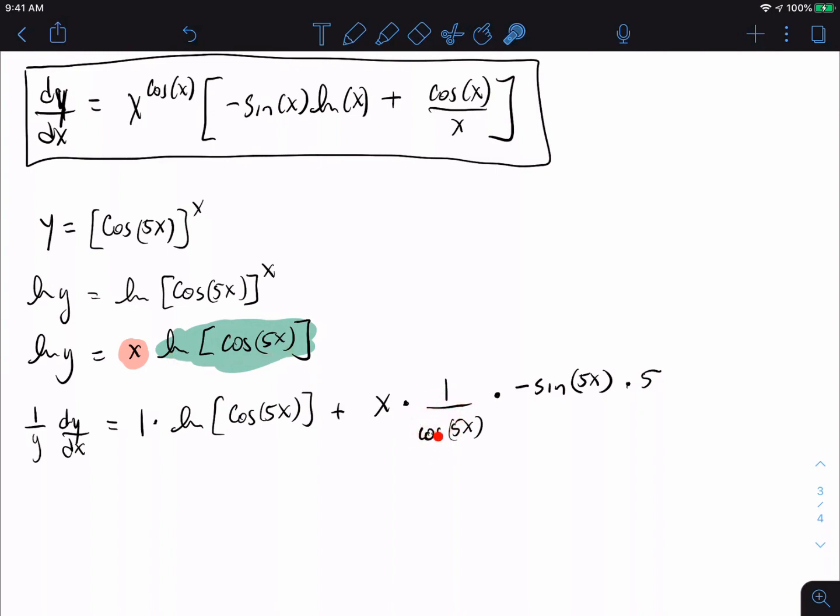Okay. That's the ln derivative. This one is the cosine derivative, and then this one is the 5x derivative. So it's ln, then cosine, then 5x. I see. Okay, cool. Thank you. Does that make sense? Yeah.